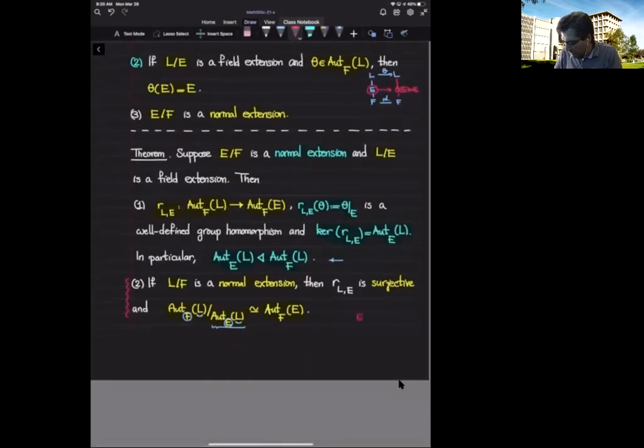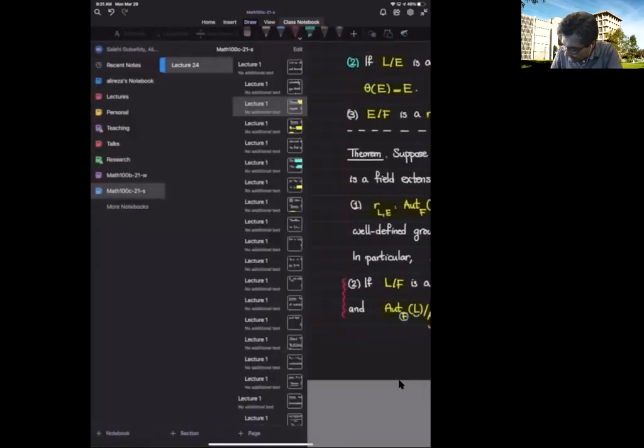So if I give you E, F, this is identity, this is any map, let's call it theta hat. Then I have L over here, L over here. Assuming that this L over F is normal, then this surjectivity means that I can find theta tilde, an isomorphism from L to L that's compatible with these. Now I'm going to use this result over here.